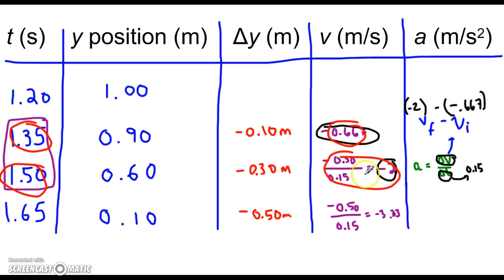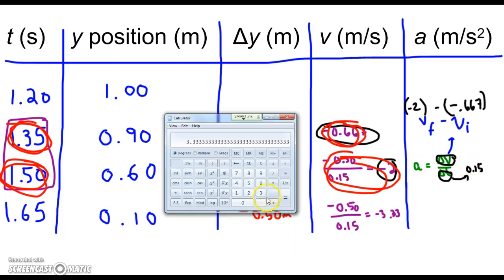So you do final velocity minus initial velocity over final time minus initial time. Right? And let's see what we get. -2 minus a negative, so that becomes plus 0.666667. Enter, and then divide by 0.15, the time.